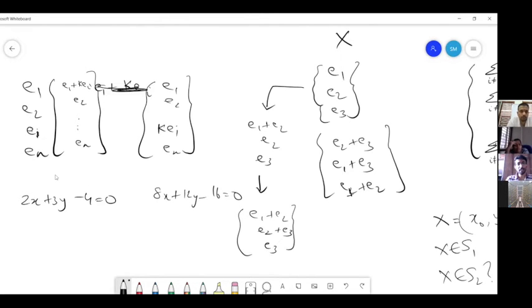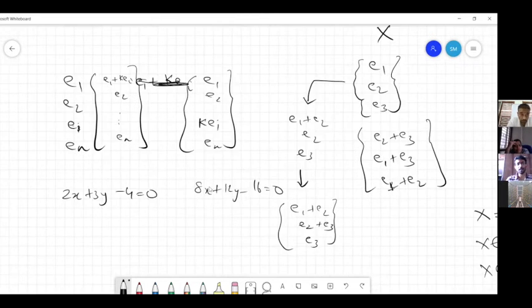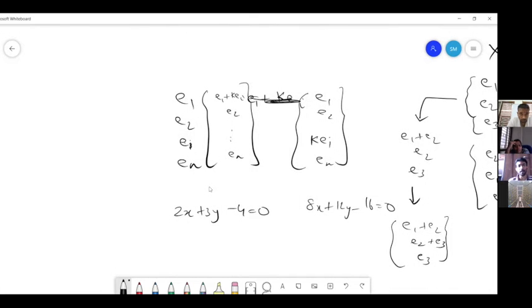So let me go one step further. If I replace E1 by E1 plus some K2 times E2 plus K3 times E3 till Kn times En, and the rest are all the same, is the solution space preserved? Yes.